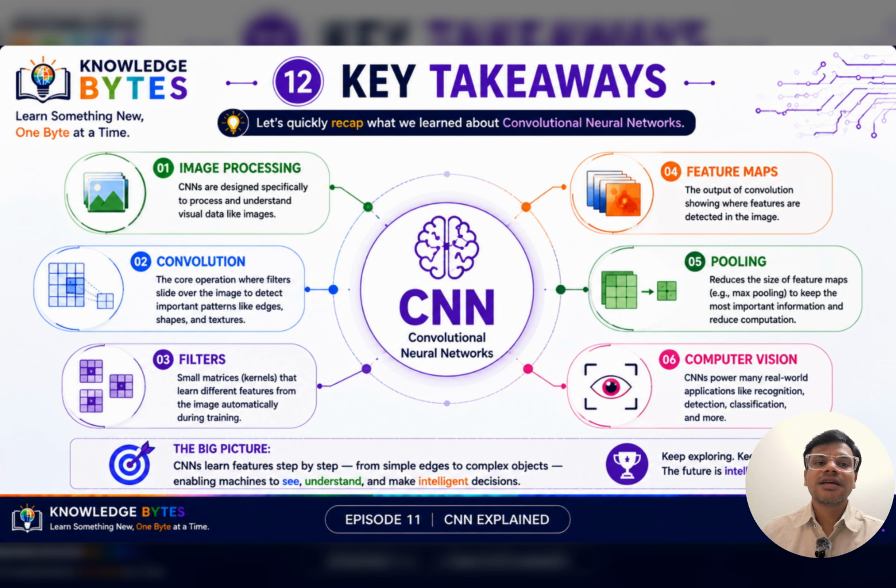Now the key takeaways, let's quickly recap today's learning. CNN stands for Convolutional Neural Network. Images are collections of pixels and numbers. Convolution uses filters to detect patterns, and filters learn features automatically. Feature maps highlight important patterns, and pooling reduces the complexity. CNNs power modern computer vision systems.